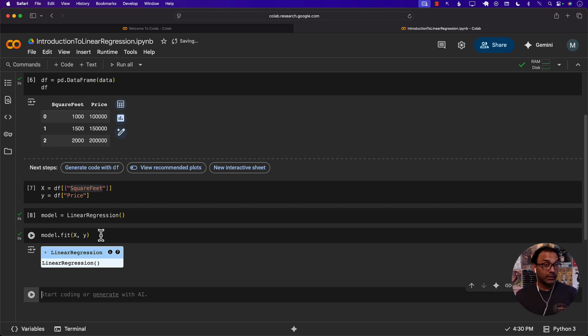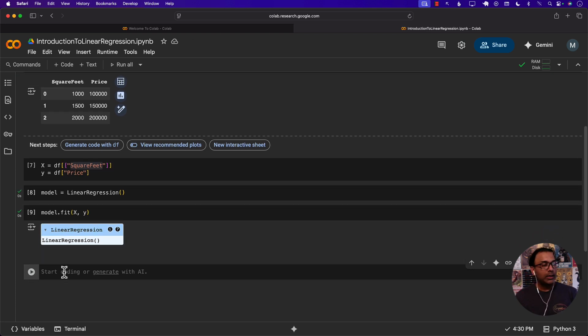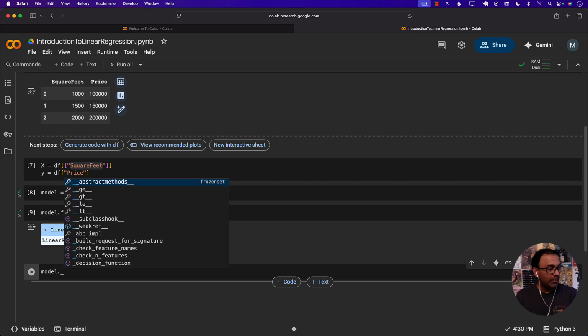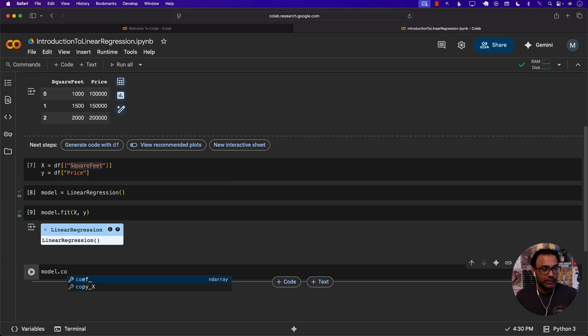And now it's trained. One of the good things about scikit-learn is that since it is using the same formula that consists of the coefficient and the intercept, we can print these values out. If you go to the model, you can say model dot, you see that? It will come up over here. If I say model dot coefficient, you can print out the coefficient.